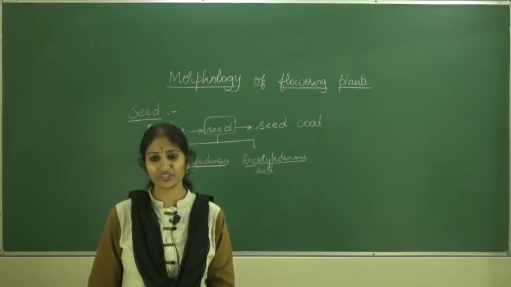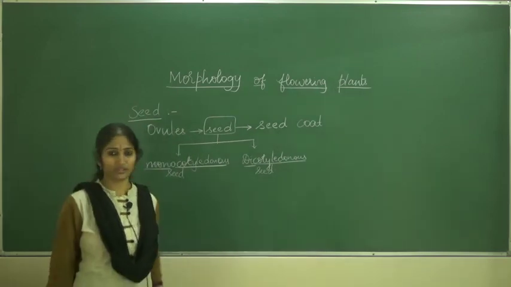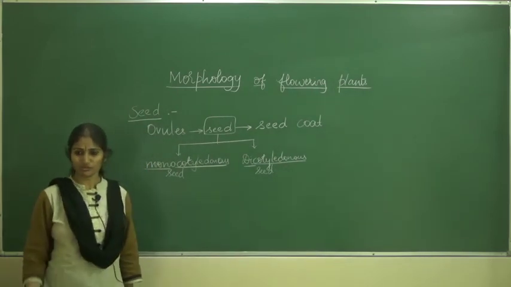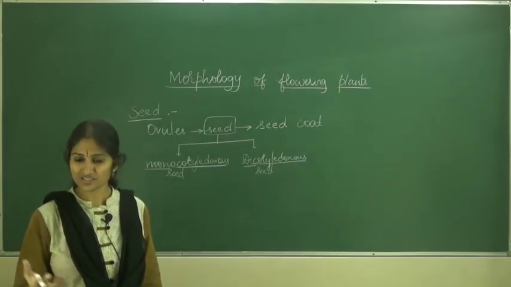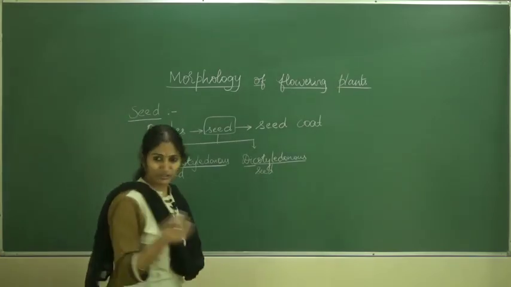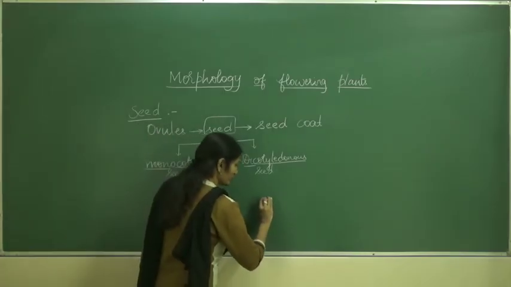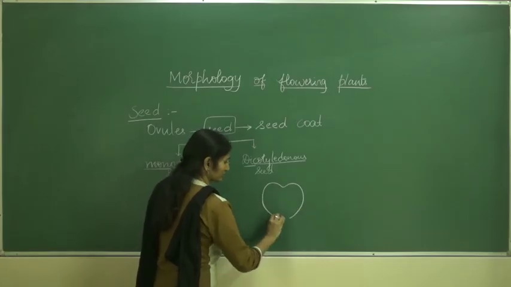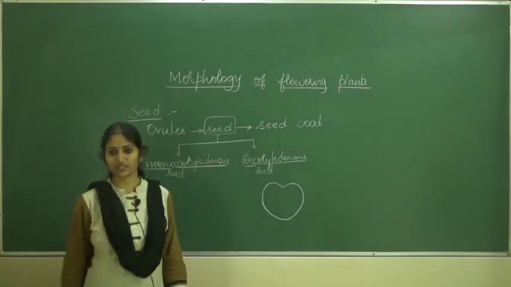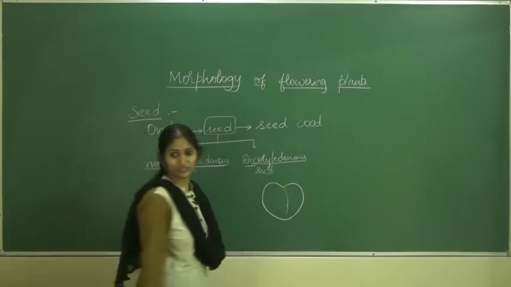Now let us see the structure of a dicotyledonous seed. Very simple. For this we will take one of the pulses, the kadle bija, and see how it looks. It looks more or less like this, with a slight indentation here, right?